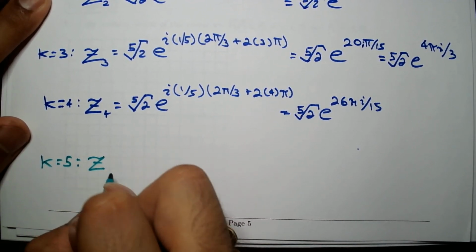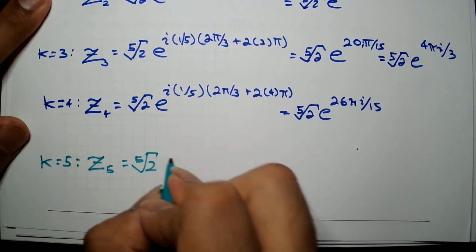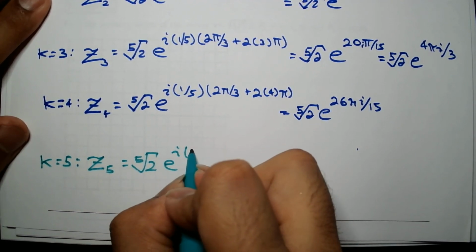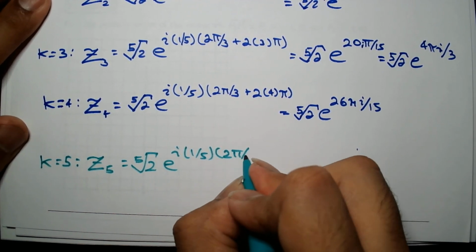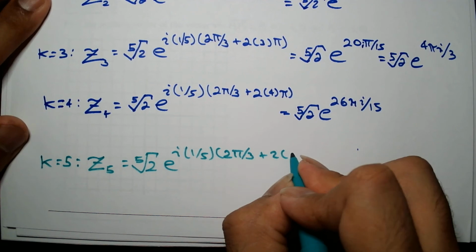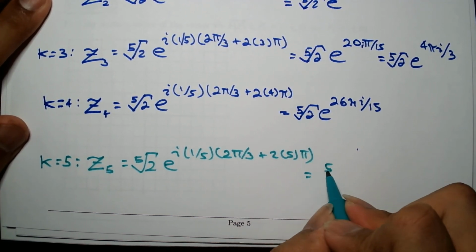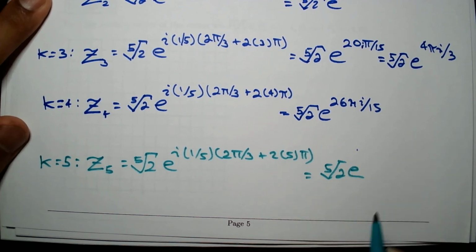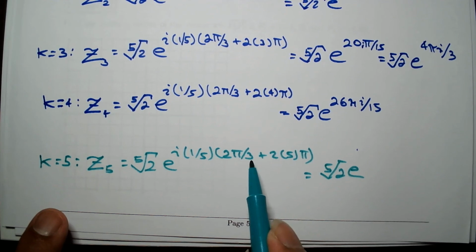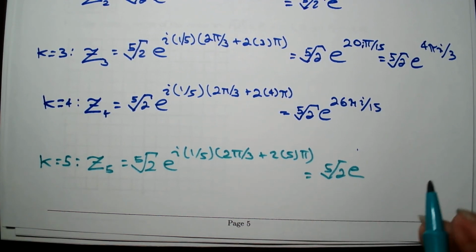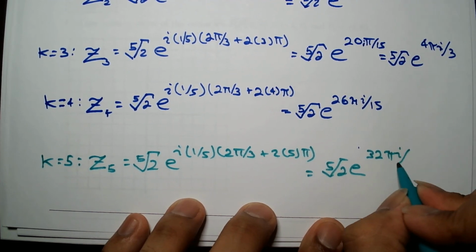So c subscript 5, that's the fifth root of 2, e to the i times 1/5, 2 pi over 3 plus 2 times 5 pi. So in this case, 2 times 5, that's 10. 10 times 3, that's 30. 30 plus 2, that's 32. 32 pi i over 15.